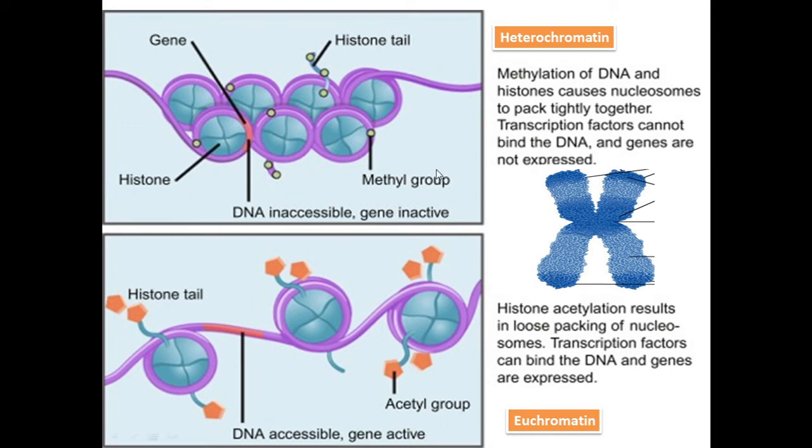Here you can see when chromatin is arranged as heterochromatin, it is methylated. If the methyl group is attached to DNA, the nucleosomes will be packed tightly. Because of this packing, DNA will not be available for any type of enzymes or transcription factors to access.